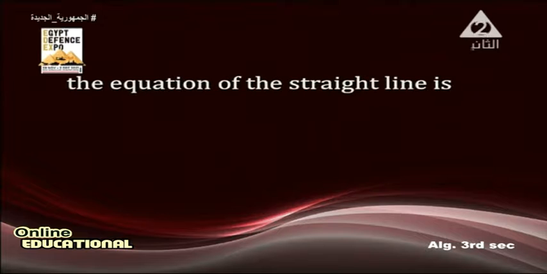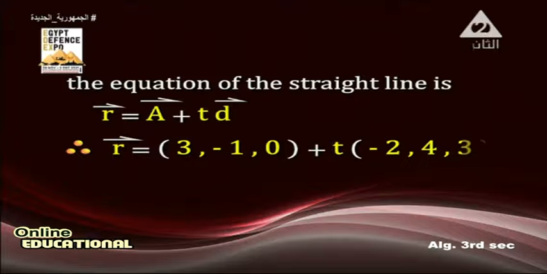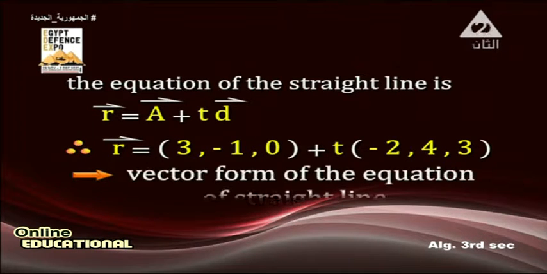We put the equation of a straight line in the form R vector equals A vector plus t D vector. Therefore, R vector equals (3, -1, 0) plus t(-2, 4, 3). This is the vector form of the equation of the straight line.